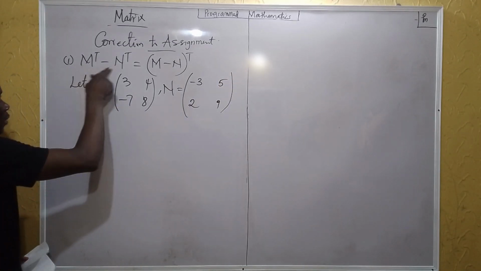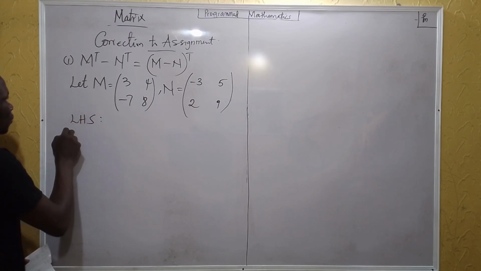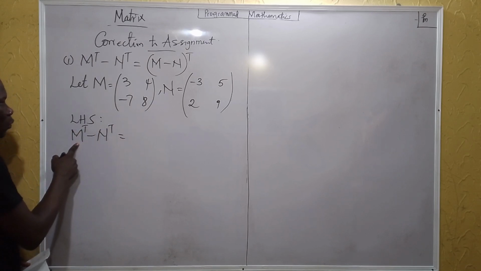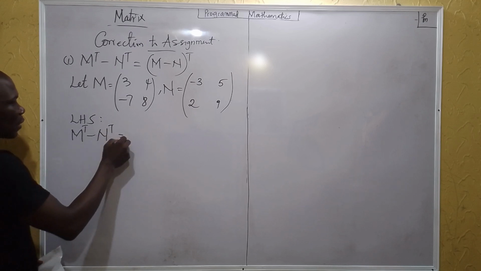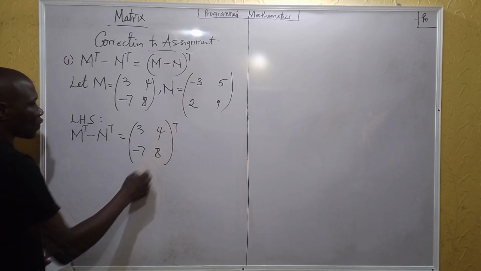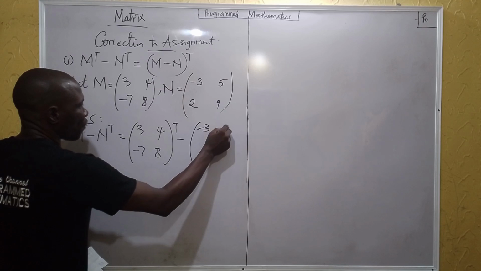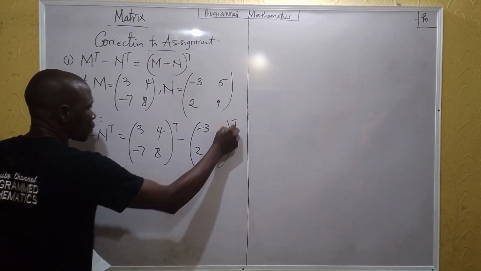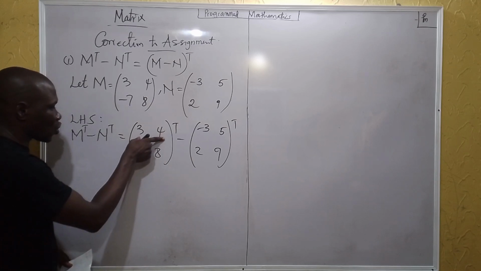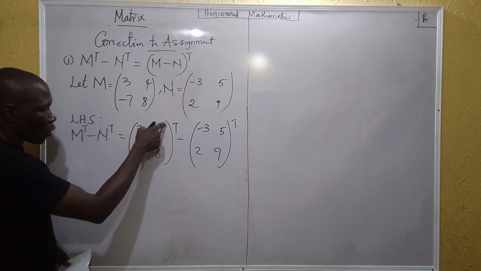So what we need to do here, let's take the left hand side first, which is M transpose minus N transpose. So we transpose M and then transpose N. Remember, when we talk about transpose of a matrix, we simply mean exchanging the row for the column. So row 1 becomes column 1, row 2 becomes column 2.